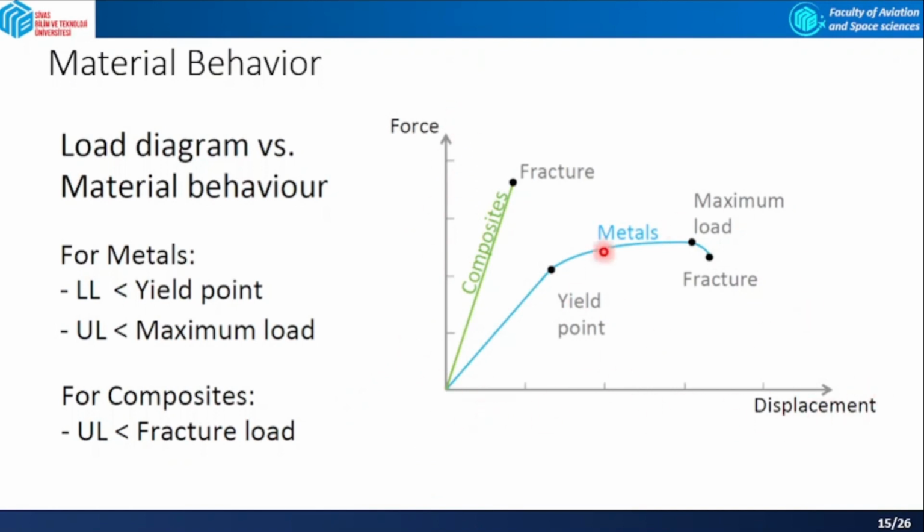So when you examine this curve for a metal, you observe both elastic and plastic behavior. Elastic means if you apply some force, you will see some displacement, but if you are in an elastic region, if you just remove the force, it will come back to its first place.